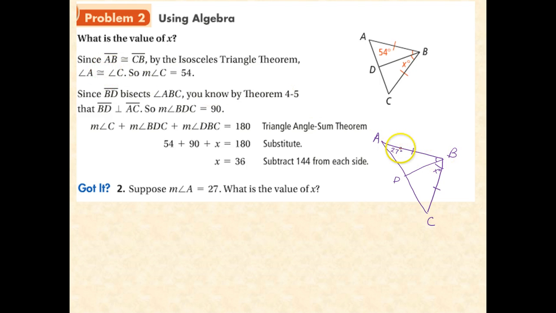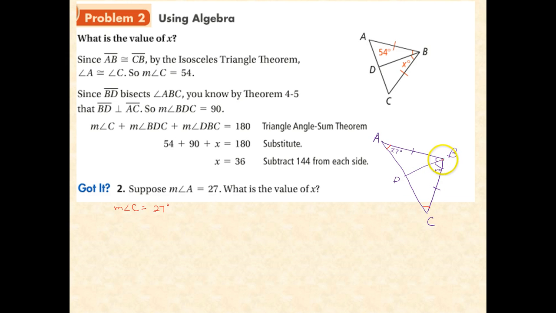Since segment AB is congruent to segment CB by the isosceles triangle theorem, we know that angle A is congruent to angle C, which means that the measure of angle C is 27 degrees. Same deal.